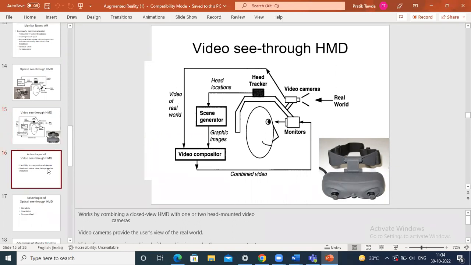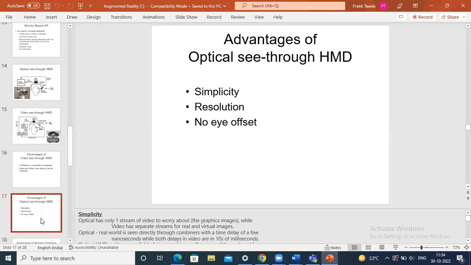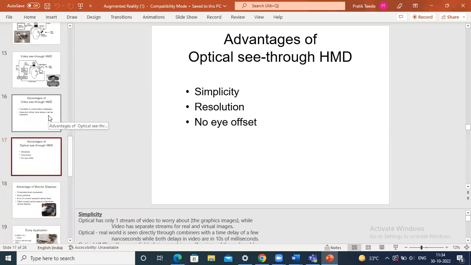All right. Now let's understand the advantages of video see-through HMD. The advantages are flexibility in composition strategies, and real and virtual view delays can be matched. Advantages of optical see-through HMD are simplicity, resolution, no eye offset. So this is very important, okay?